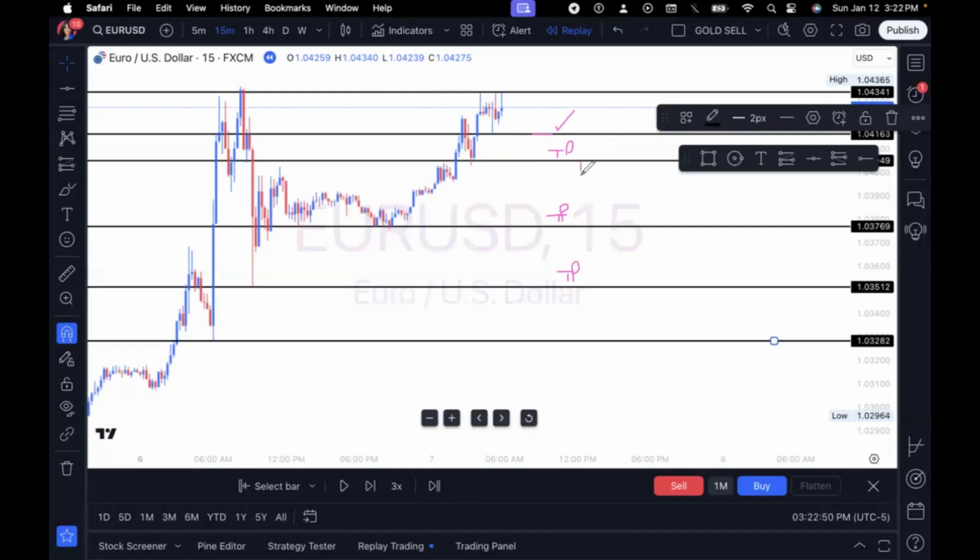As that trade continues to fall, you'll have your TP1 for your sell stop 2. And again, this can be your second sell stop. So as this trade closes, another trade will be triggered at the same exact price. And then we would have a TP1 for our sell stop 2, and so on and so forth.